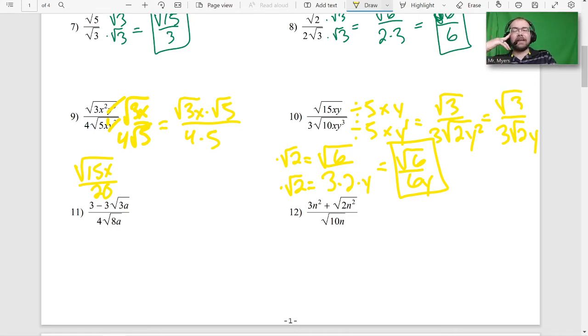That complicates things. What that means is we can't just cancel out the a's unless we split up the fraction. I could write it as 3 over 4 root 8a minus 3 root 3a over 4 root 8a. I could split the fraction up and then do it that way.